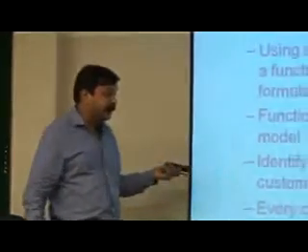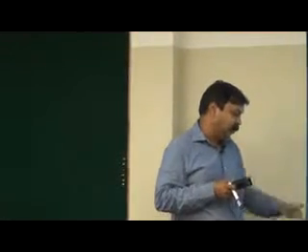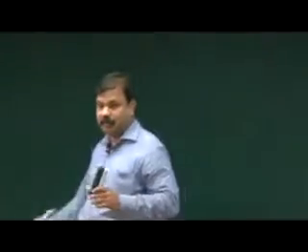You identify the primary flows associated with the customer needs. There can be many customer needs. In a particular customer need, what is the primary flow? Every customer need is to be converted into a flow, meaning input, output.